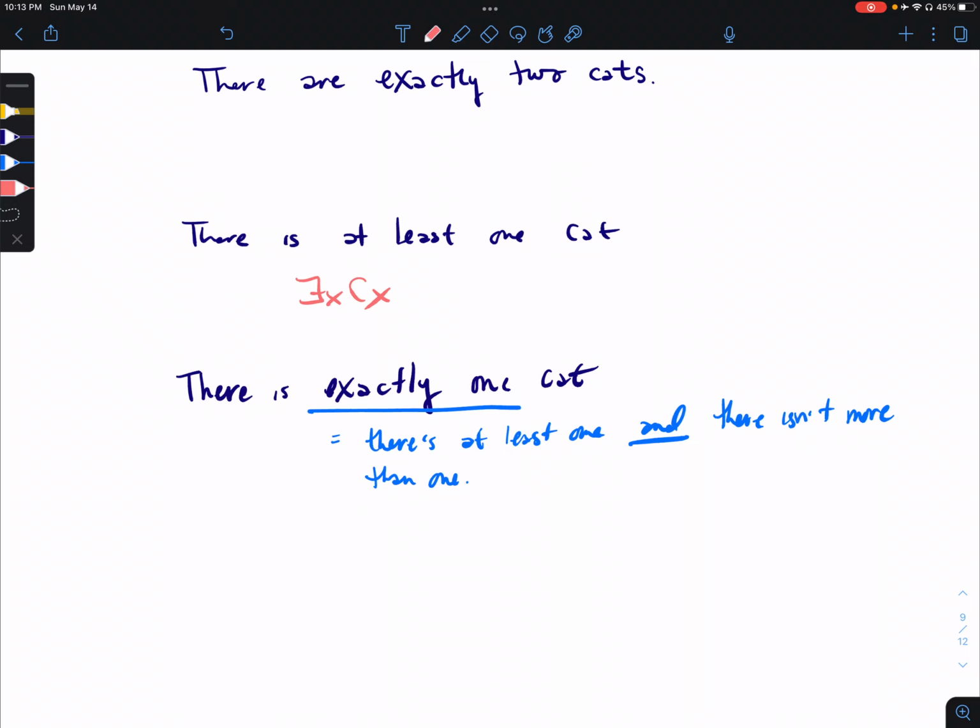We'll say there exists an X such that X is a cat, and for all Y, if Y is a cat, then Y must be the same thing as X. And we have to have these outer parentheses in order for this X to be in the scope of this quantifier. So this says there's exactly 1.